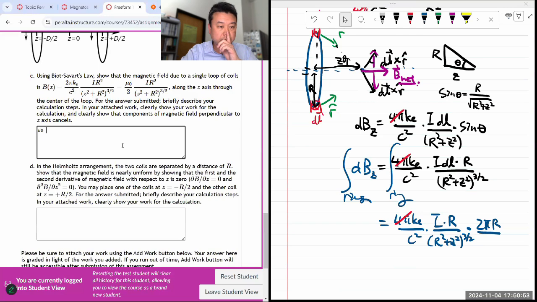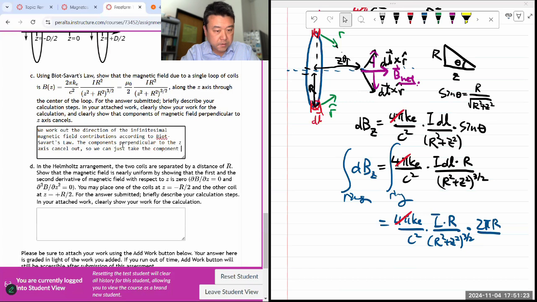So we work out the direction of the infinitesimal magnetic field contributions, according to Biot-Savart's law. The components perpendicular to the g-axis cancel out, so we can just take the component parallel to the g-axis and integrate them around the ring to get the result.